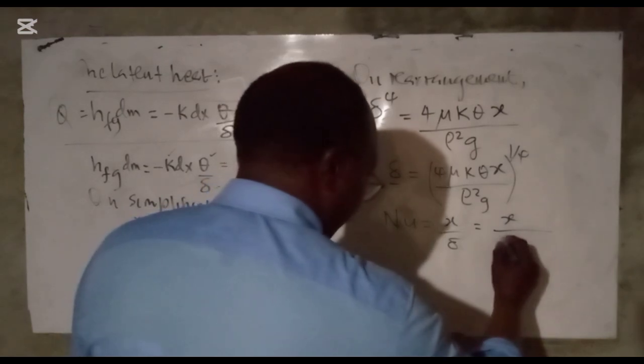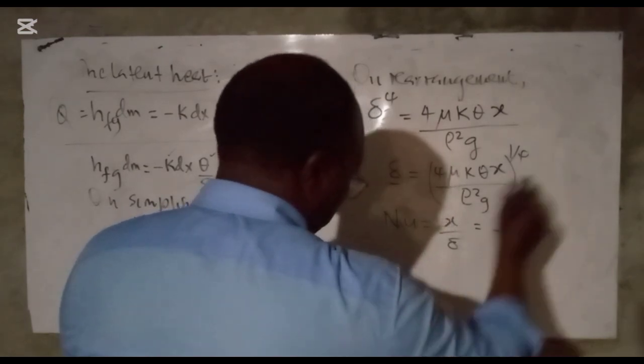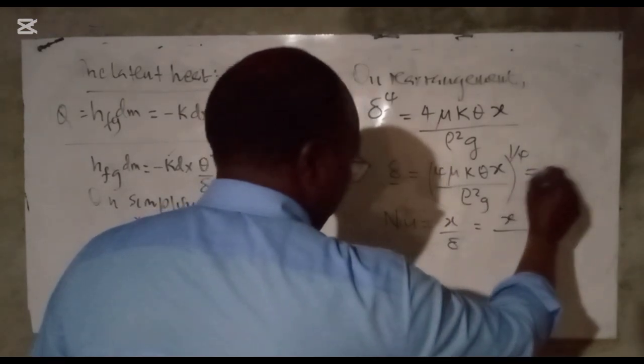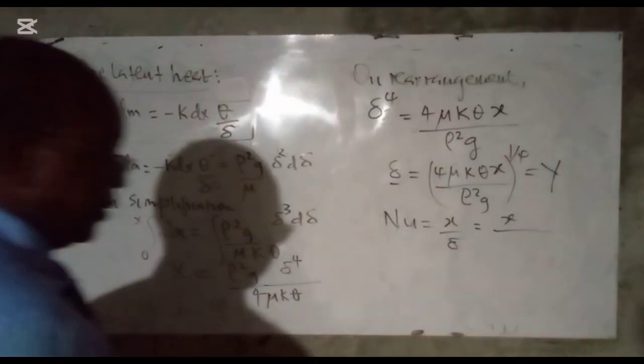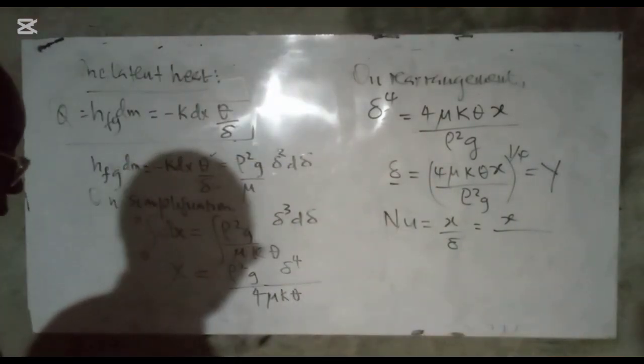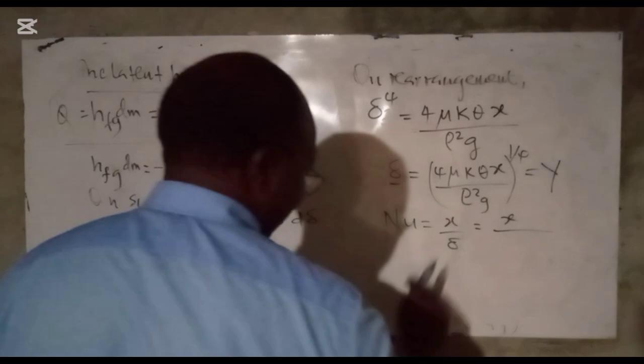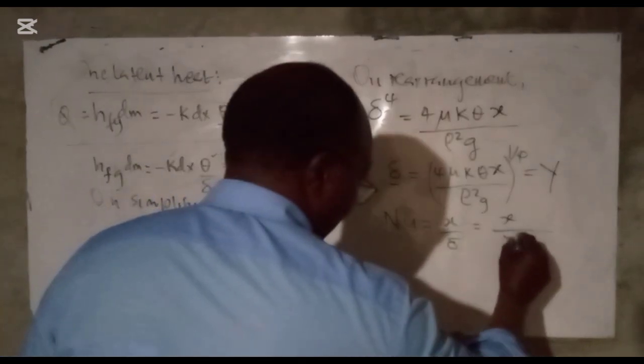Let's call this quantity y, so that you don't go carrying these bulky things. That's x over y.